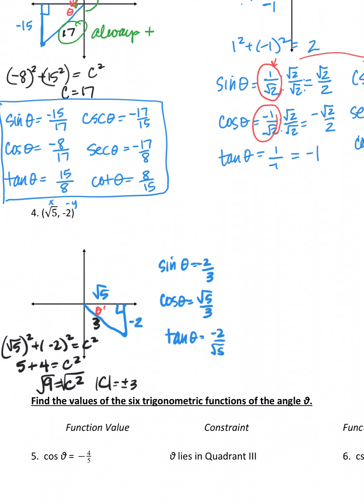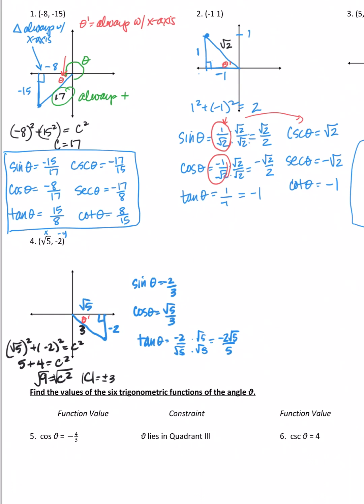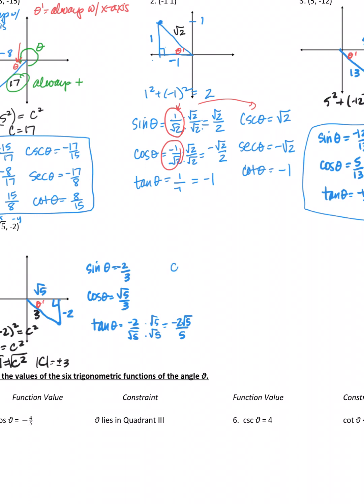Now, I have to rationalize because I can't leave a radical in the denominator. So I end up with negative 2 square roots of 5 over 5. Now, let's reciprocate these. The cosecant of theta would be then negative 3 halves. The secant of theta would be 3 over the square root of 5, but we have to rationalize.